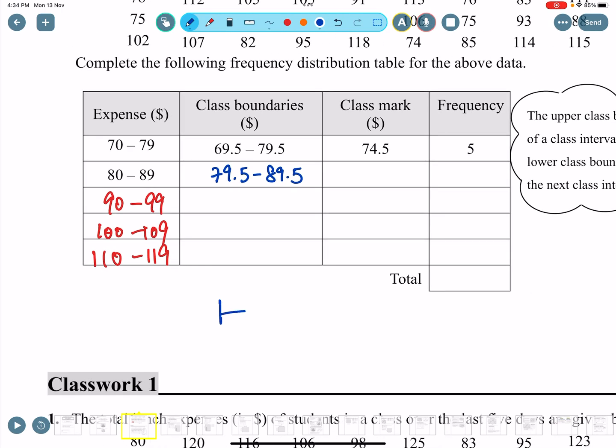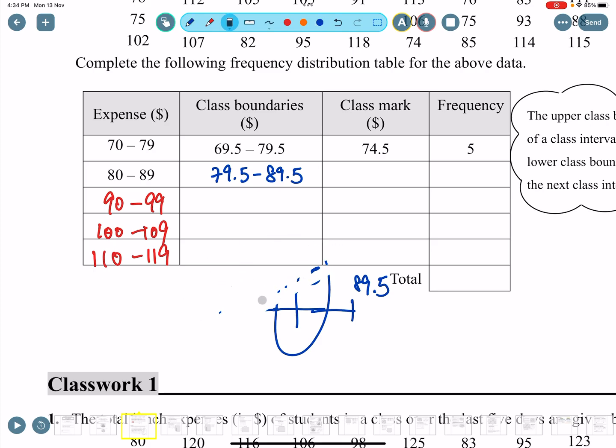So instead of going like 70 to 79, and then there's a gap over here, 80 to 89, the class boundary will connect this gap. So this gap is going to be, in our case, 79.5, right? 89.5 here. And then this is 69.5. So it's connected. We know where the number belongs.